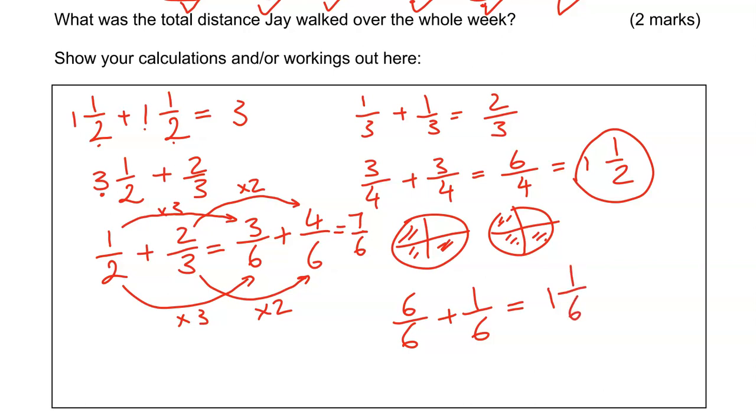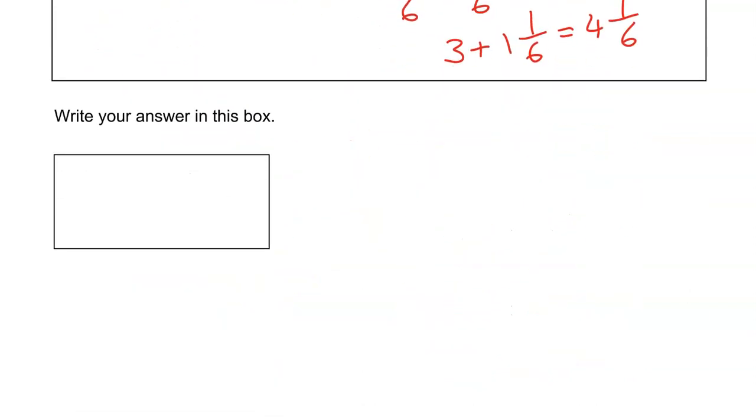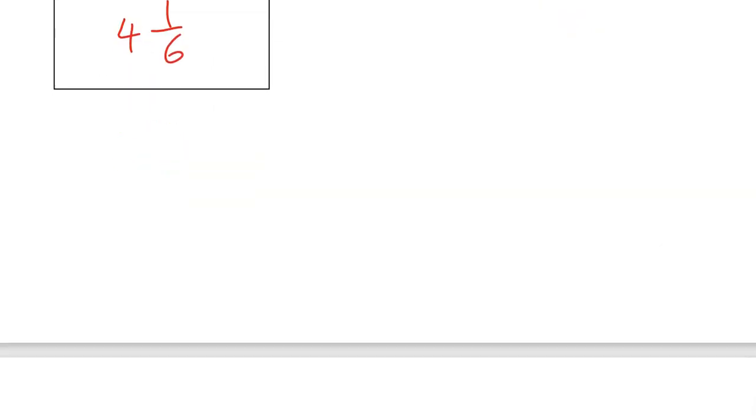Now we need to add the 3 before we forget. So 3 add 1 and 1/6 gives us 4 and a 6th. Write your answer in this box. So 4 and a 6th was the final answer.